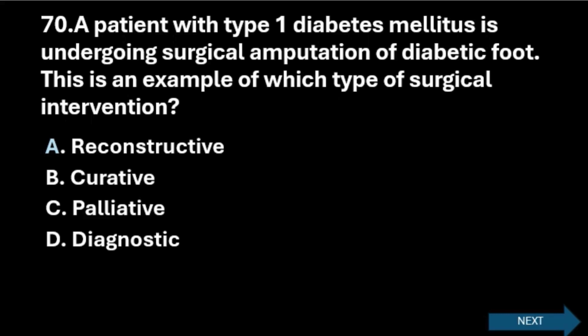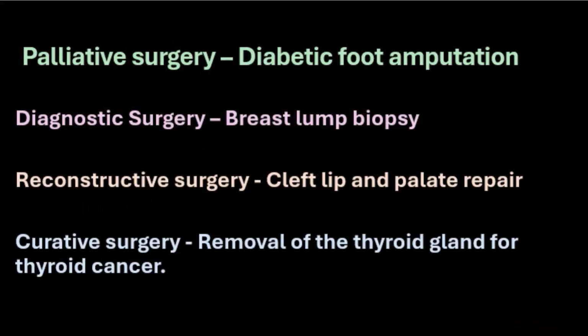The right answer here is option C, palliative. A palliative surgery example is amputation for a diabetic foot. This is just to support the patient and alleviate symptoms. It will not cure, it will not diagnose, it will not do any reconstruction. So this is palliative.